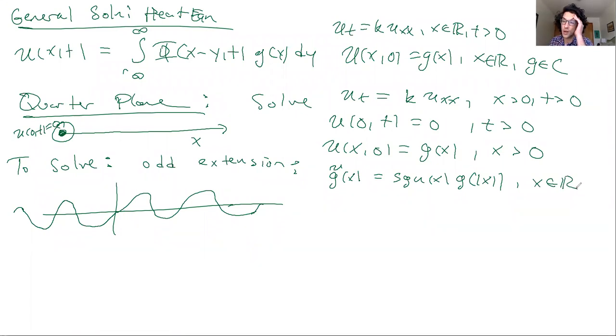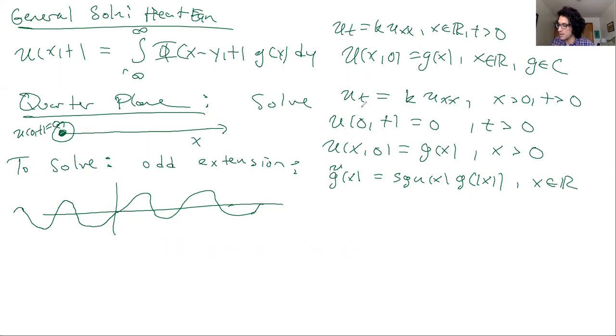And why is this okay? Well, because in actuality, in our problem, we are not interested in anything where x is less than 0. So as long as the solution on x greater than 0 satisfies our initial condition, our boundary condition, and our PDE, okay, then everything works out, right?